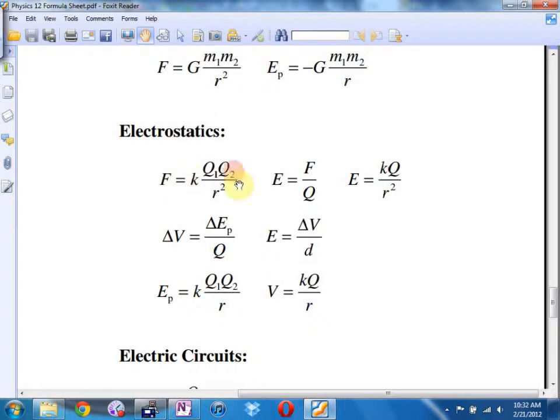This right here is force. It's kq1 q2 over r squared. This is electric field, which is kq over r squared. This is potential energy, which is kq1 q2 over r. This is voltage, which is kq over r. You may have even noticed they sound a lot alike when I read them out.